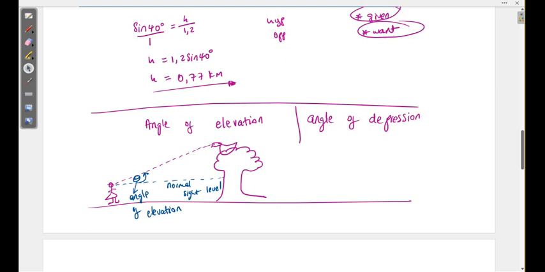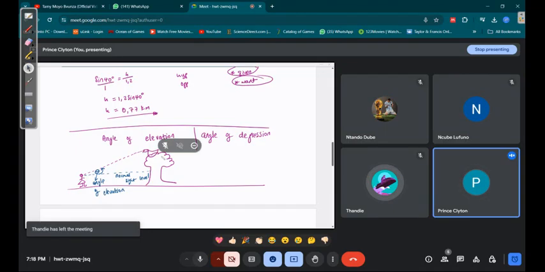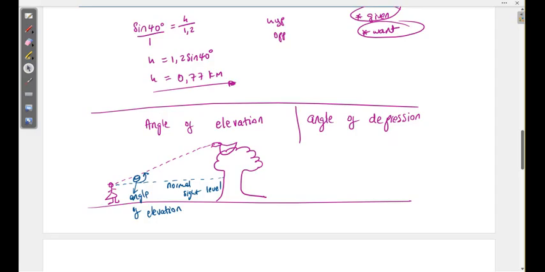Right, and then when you look at the bird itself, the bird's normal eyesight level will be this one, whereby the bird will be looking straight. So this is the normal sight level for the bird.